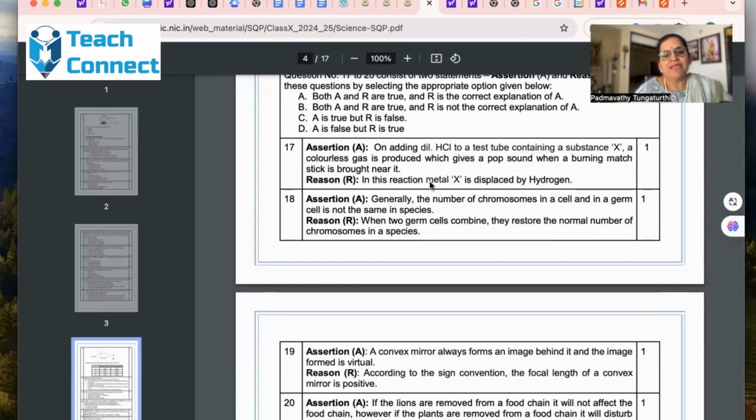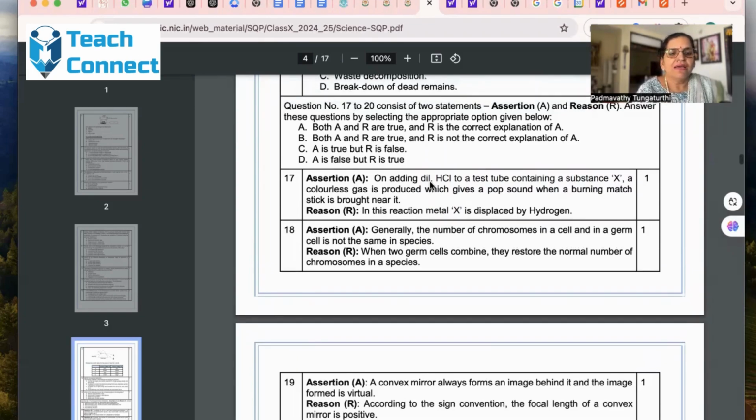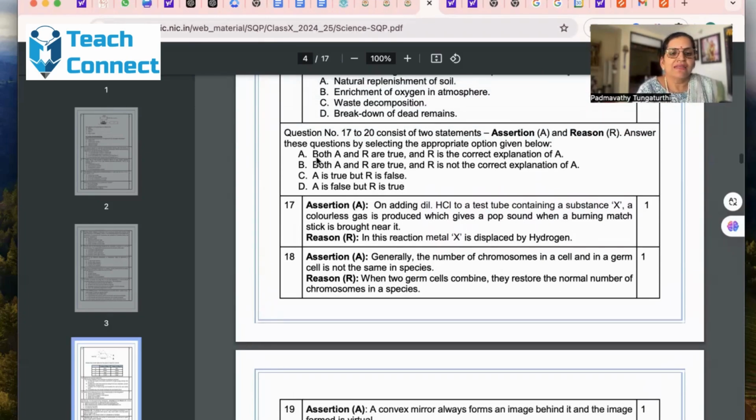In question number 17, students have to understand that if both the assertion and the reasoning statements are true and R is a correct explanation of A, then you have to mark A as the option. If R is not the correct explanation of A, then B is the answer.